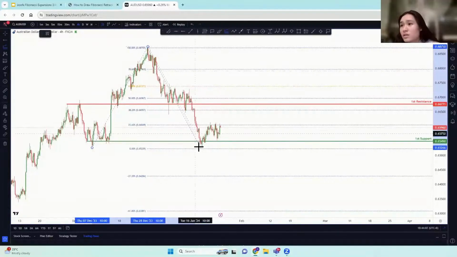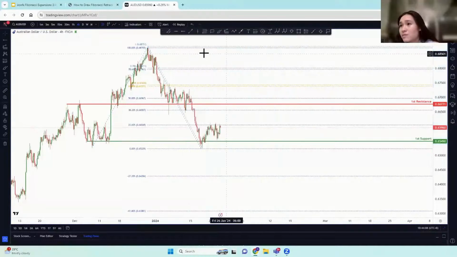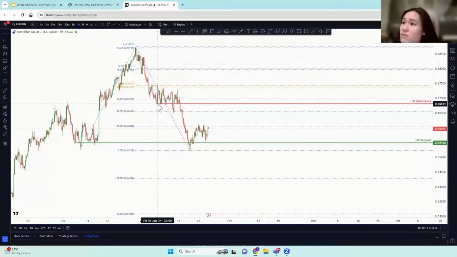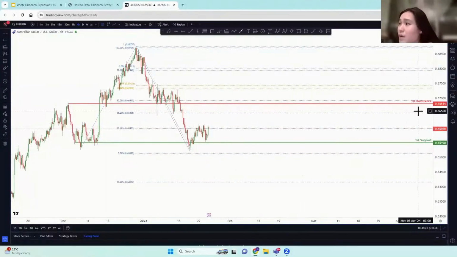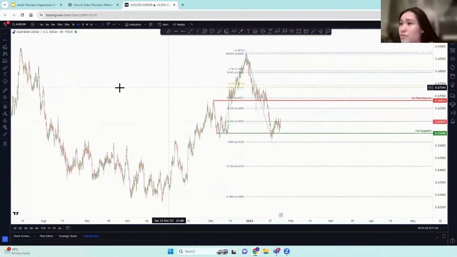For projection, we use these 3 levels, and you can see they line up nicely. I think my 50% lines up with my first resistance, so I'll just keep that.